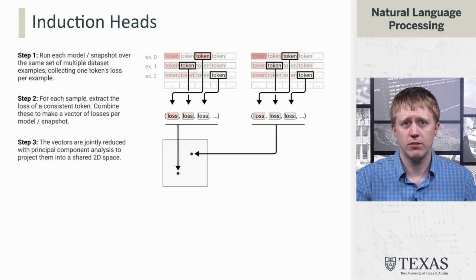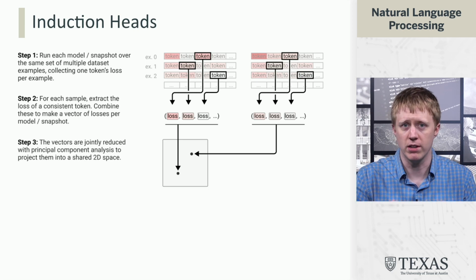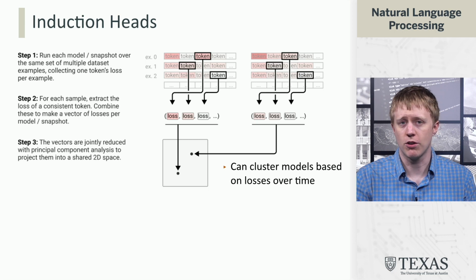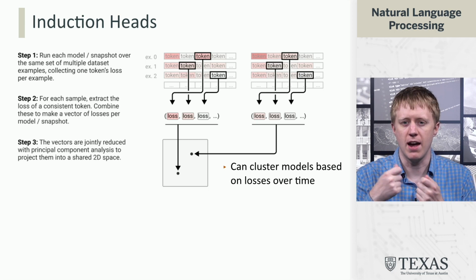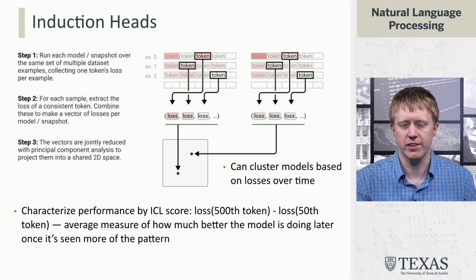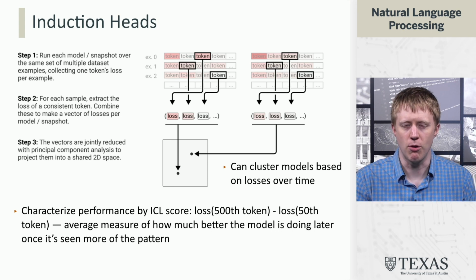What they do here is model these long sequences of tokens, look at the loss of certain tokens, and characterize that. They associate models over time based on the patterns of their losses. In particular, they look at the loss of the 500th token minus the loss of the 50th token, which they call the ICL score.